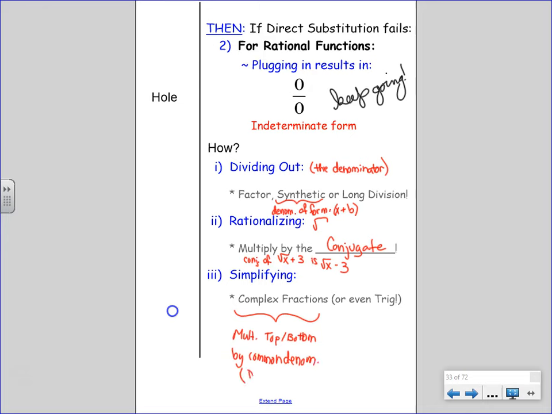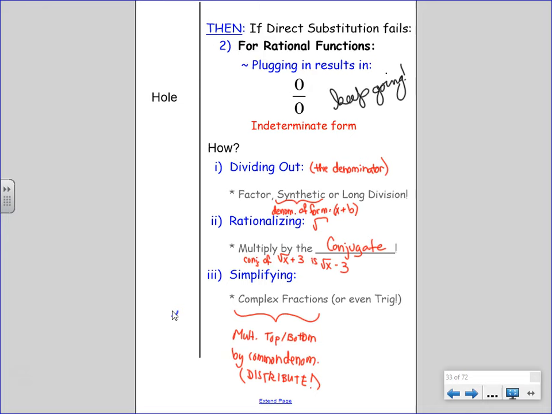The most common problem that occurs is that you don't distribute those common denominators. Multiply top and bottom by the common denominators, you must distribute. Must.